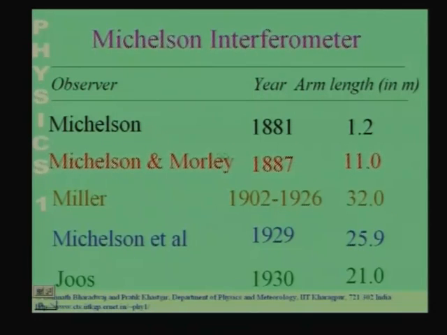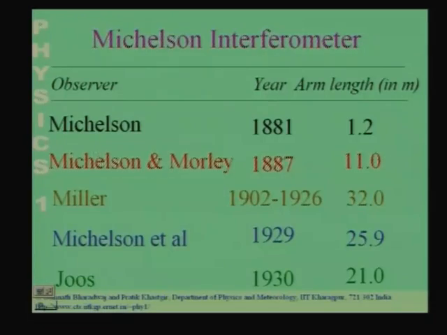This experiment was very interesting, and you may be aware of the great outcome of this experiment. Michelson and Morley used a Michelson interferometer. This experiment showed us that the speed of light does not change.